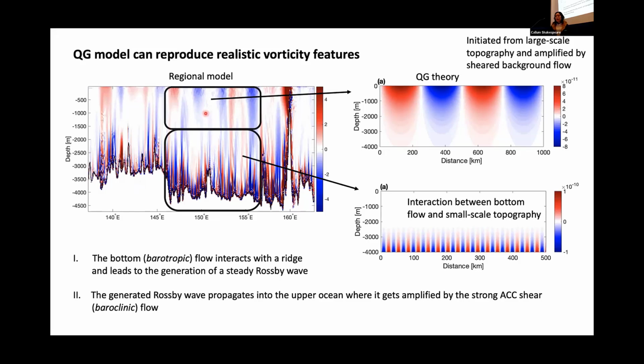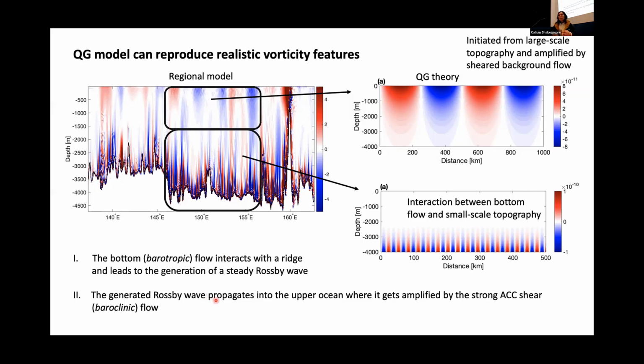The features of vorticity balance in the regional model can be taken as a superposition of different cases in the QG theory. And what we learned about the mechanism from the QG model is that it is the bottom flow interacting with large scale topography that generates the radiating Rossby wave that is captured by the mean flow to form the standing meander.